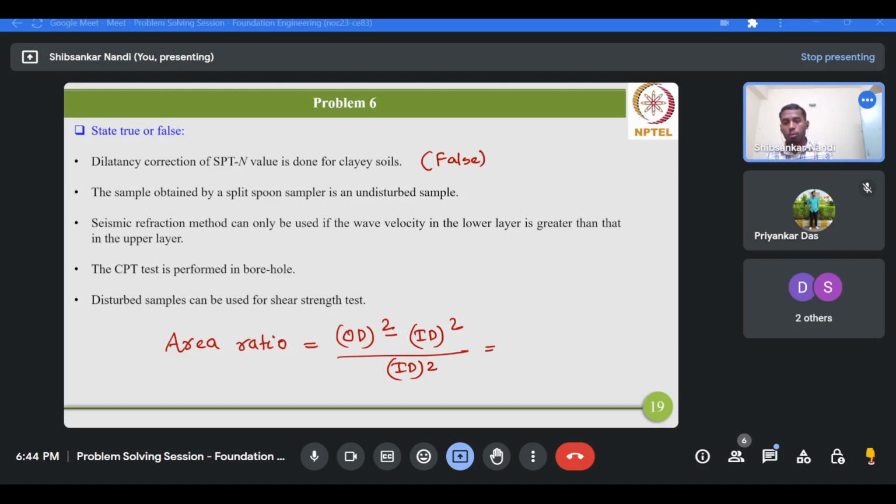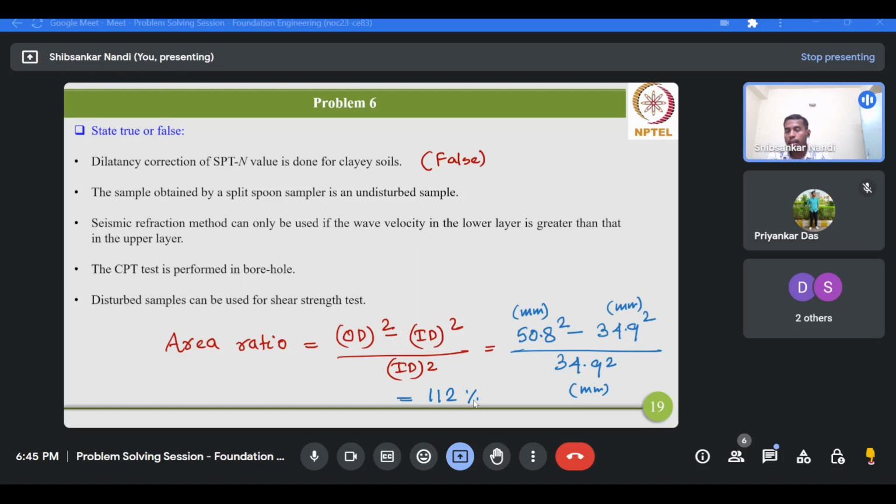For a split spoon sampler, the outer diameter is 50.8 mm and the inner diameter is 34.9 mm. So if you calculate, (50.8 squared minus 34.9 squared) divided by 34.9 squared, the area ratio for a split spoon sampler is about 112%.